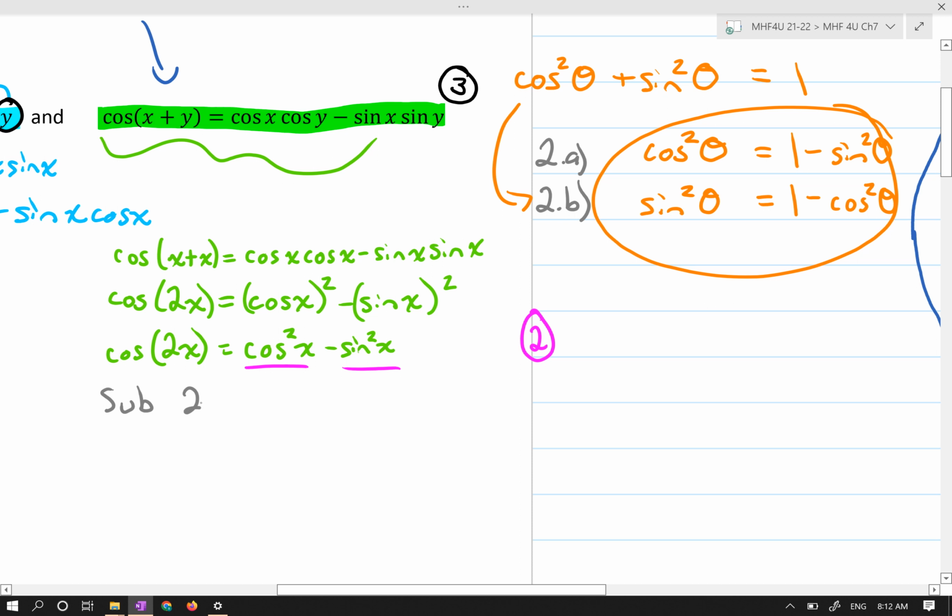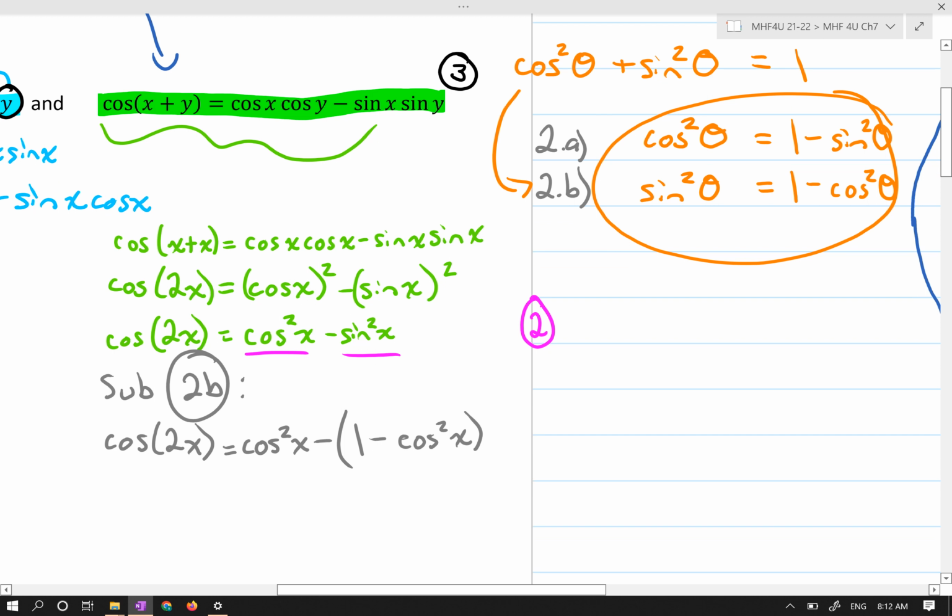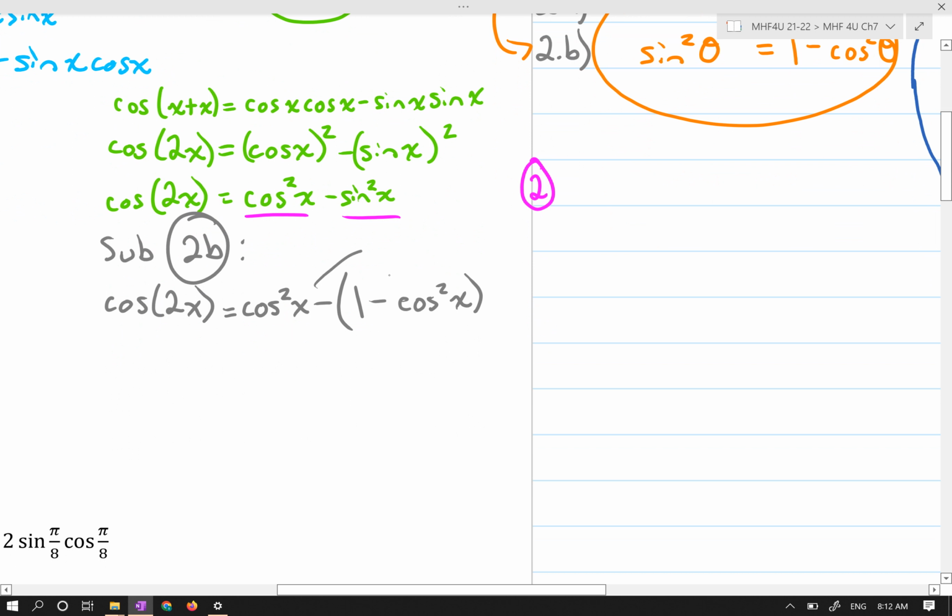So I can sub in 2b, sorry folks, I'm jumping all over the place, that's okay. I'm substituting in 2b to this above equation, so I'd be working with the cosine of 2x is equal to the cosine squared of x minus, and here's where my substitution comes in, rather than the sine squared of x, I'm working with 1 minus the cosine squared of x. And you might say, okay, well, hang on, I could distribute this negative sign, and I might notice that I have the cosine squared of x term there twice.